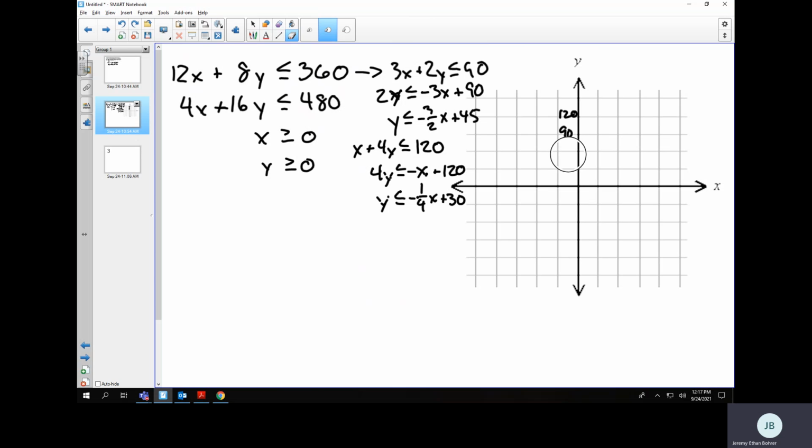That'll be a little easier to work with. There we go. Okay, so for my first equation, I have y is less than or equal to negative 3/2 x plus 45. So we go through this point right here.